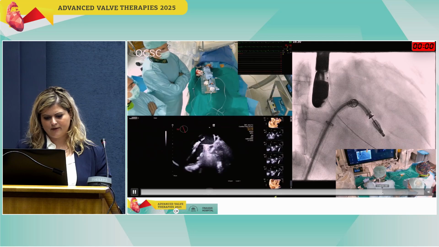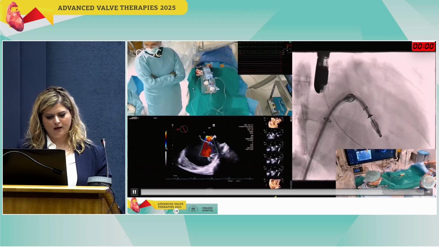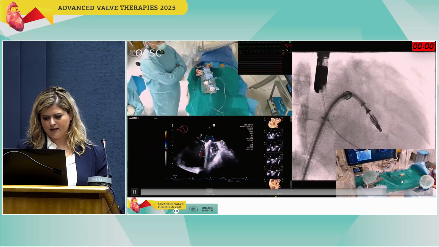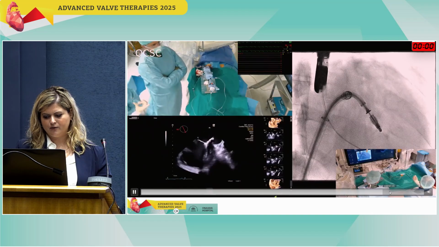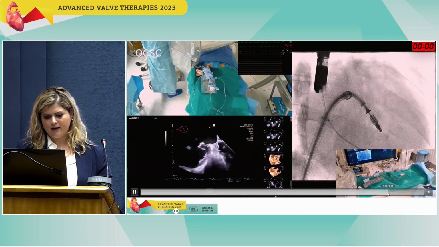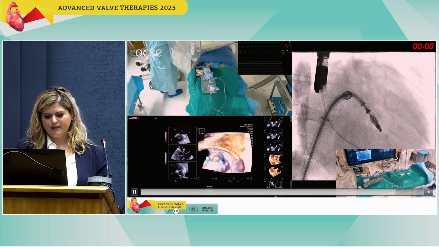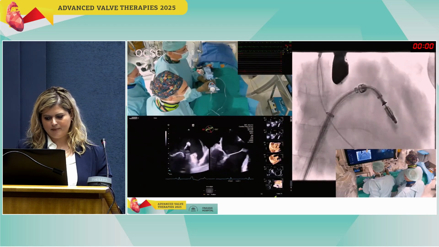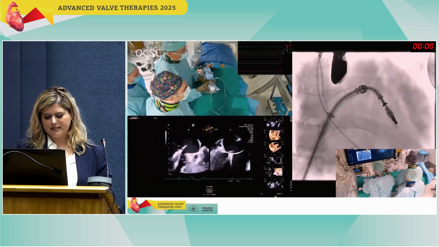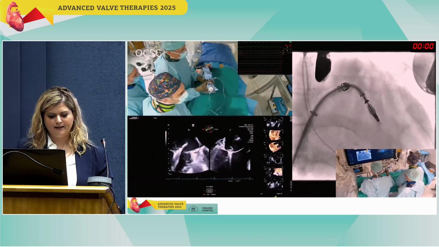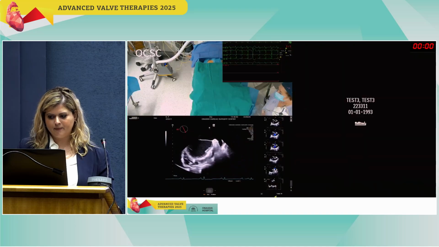So we are performing afterwards our controls, to see if everyone is happy with the result. We had a residual 1 to 2 MR before the guide was released. We decided to leave the clip in this position and do the control afterwards in order to decide if we are doing a second clip.